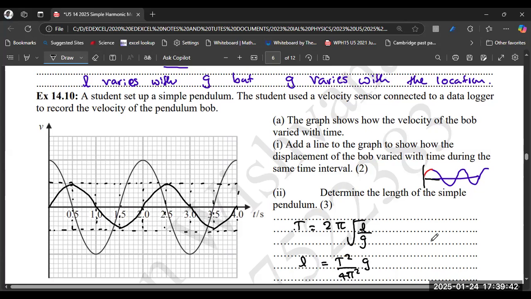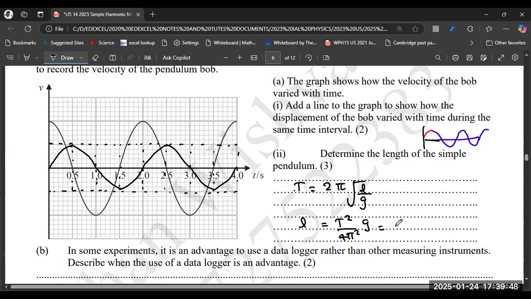T is 2, the time taken for one complete oscillation, and g is 9.81. You will get the answer: 0.497.